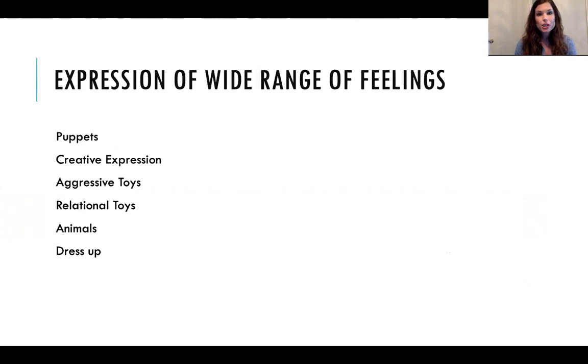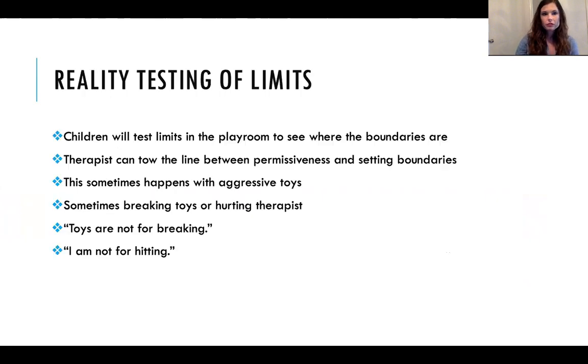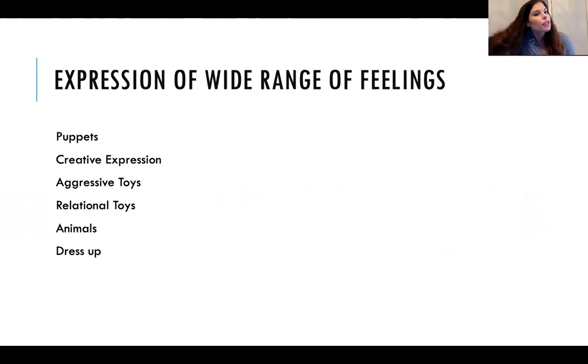Puppets, creative expression, aggressive toys, relational toys, animals, and dress up. Let me go over what those are. Puppets could be used by the child to play out any number of feelings or tell a story. The creative expression toys can give them a sense of mastery, like the sand, the Play-Doh, painting.